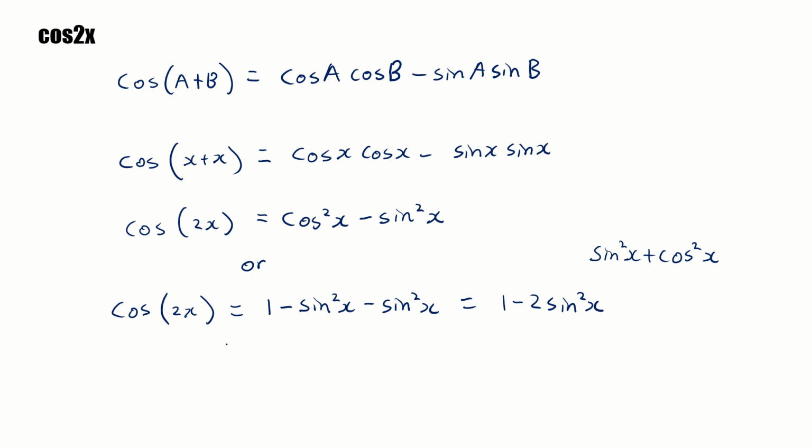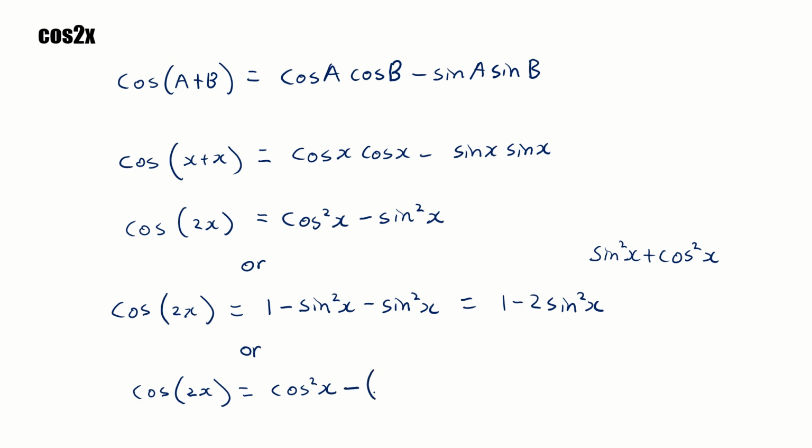But there is another alternative. Instead of replacing the cos squared x in terms of sine squared x, we can choose to replace the sine squared x in terms of cos squared x, the other way around. So we'll have cos squared x, and now we replace the sine squared x with 1 minus cos squared x.